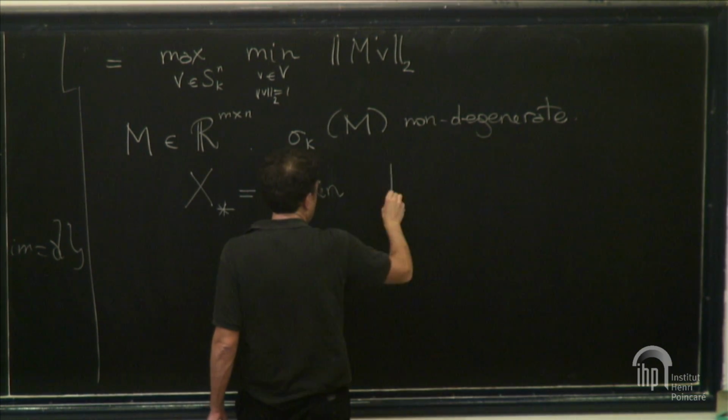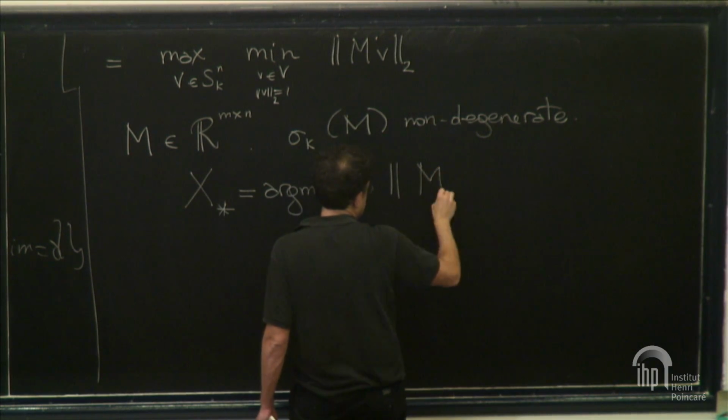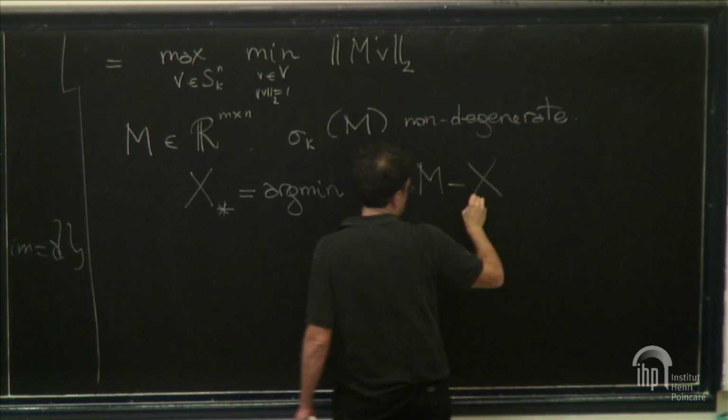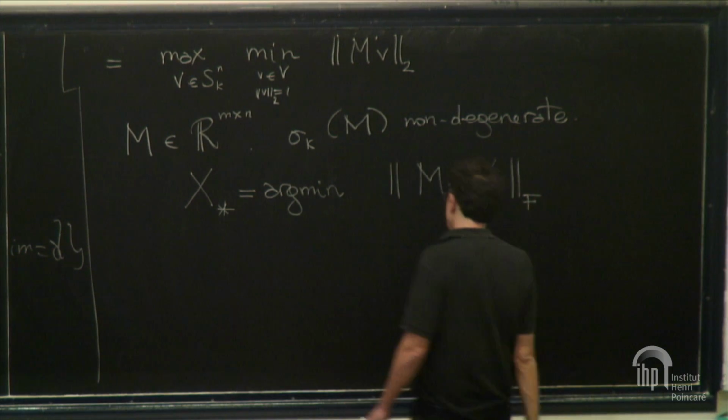Try to find the matrix that approximates M the most in Frobenius norm, for instance.